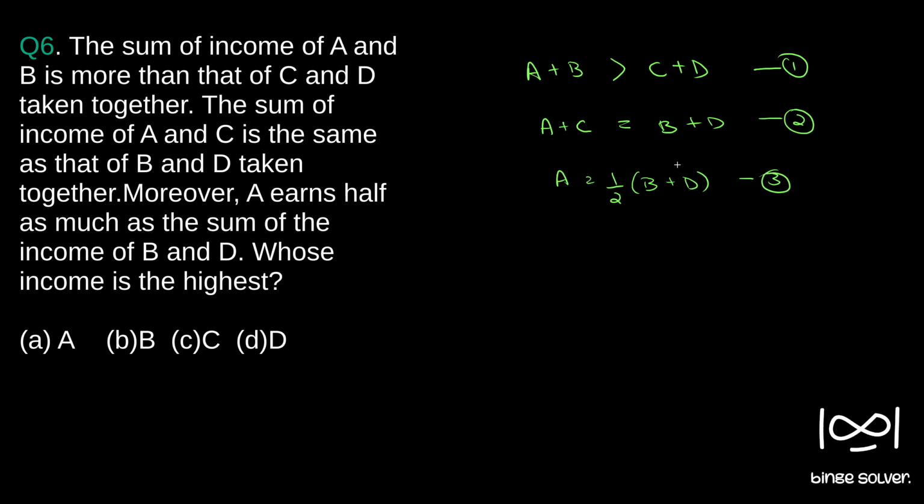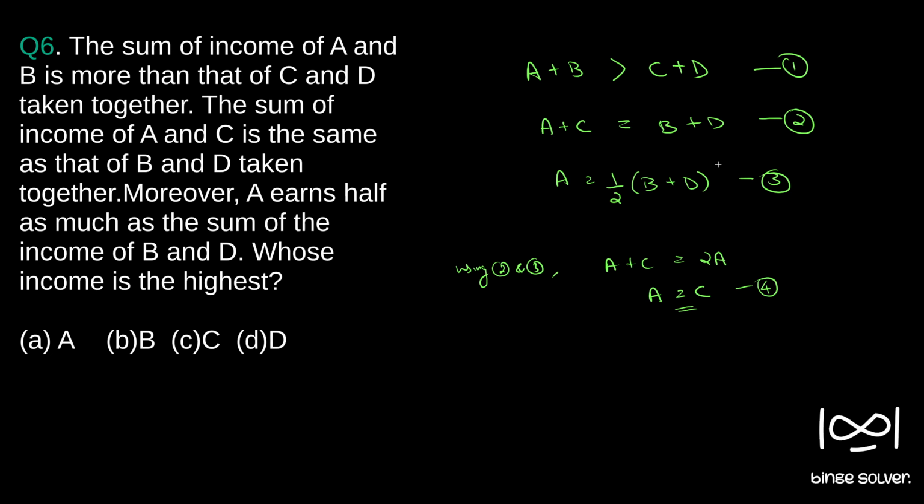Whose income is the highest? So if you see, using 2 and 3, if you substitute B plus D equal to 2A in equation 2, we have A plus C equal to 2A, or A equal to C. So we got A equal to C.